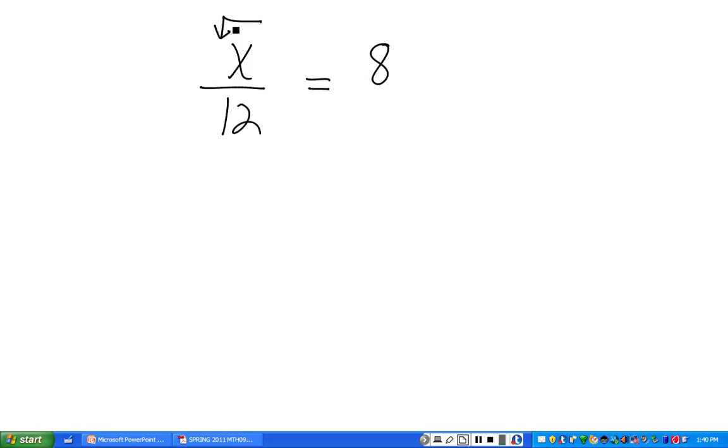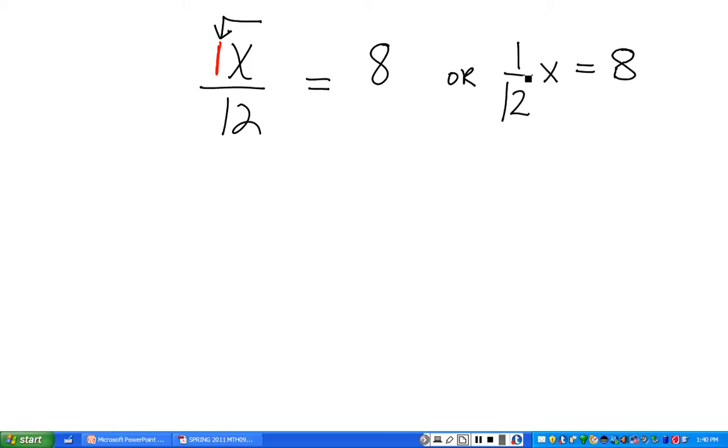If you don't see anything there, it's really a 1 there. So another way to rewrite this would be 1/12 x equals 8, just in case you didn't know that. This is the same thing as the fraction 1/12 times x equals 8.